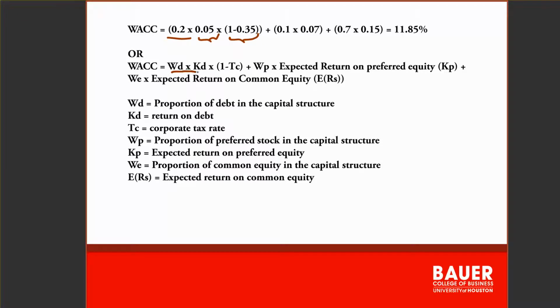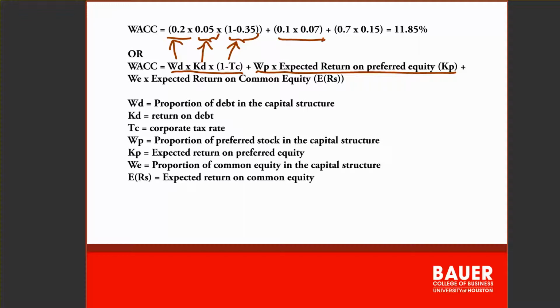So this is exactly this. This goes here, and this 1 minus TC is this. So the weighted average cost of capital is that component. And then we include the weight on preferred stock times the expected return on preferred stock.